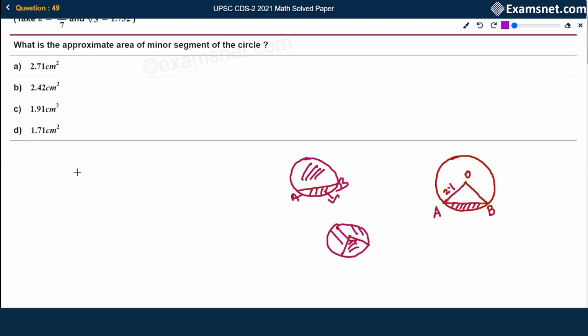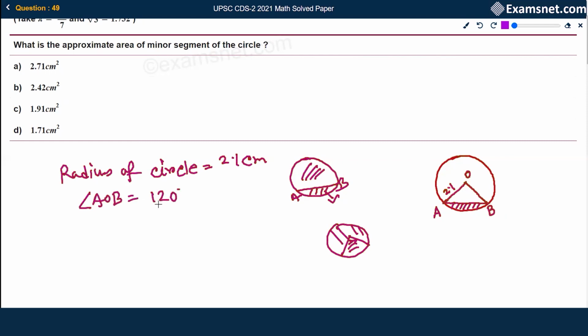So here in the given question, the radius of the circle is 2.1 centimeter, and the central angle AOB is 120 degrees.